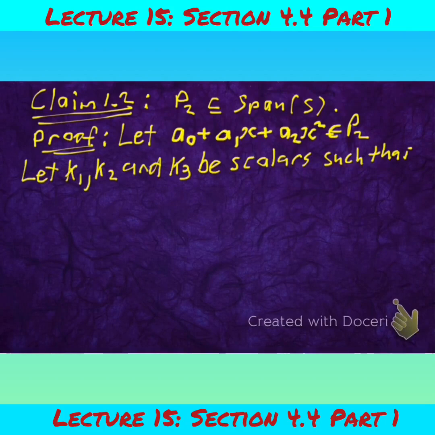Now, to establish the answer to this question, we take k1, k2, and k3 to be scalars such that the following holds. I don't know if I can find such scalars, but let's say I want to see if there's a solution to the following equation. So we take our polynomial that's in P2.